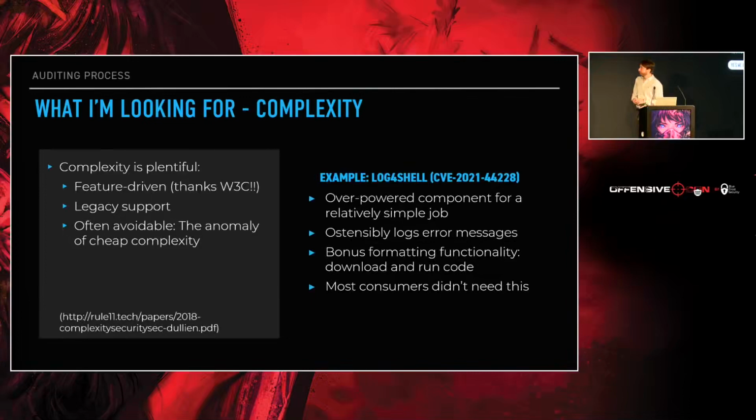Complexity is also really good, and it is plentiful. Firstly, the things that programs are actually trying to achieve are really complex at every layer, from the CPU up to the application layer. But in addition to that, a lot of complexity is a little bit unnecessary, but adds to the attack surface for the bug hunter.